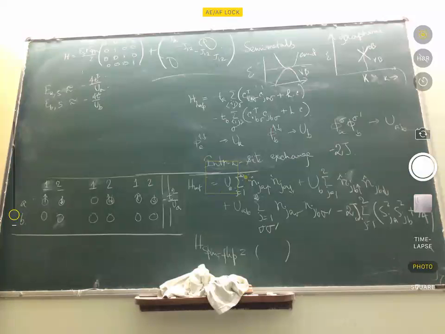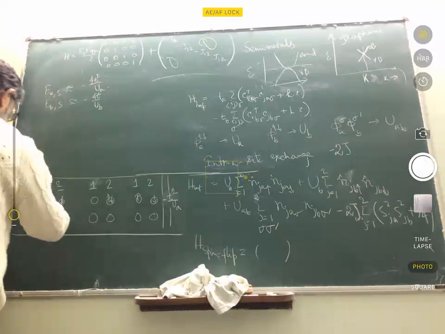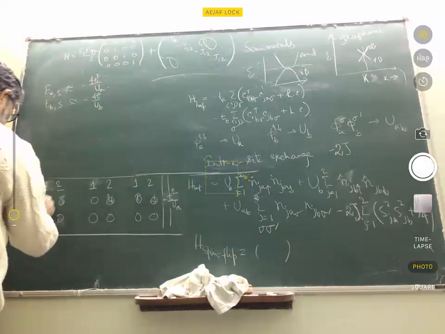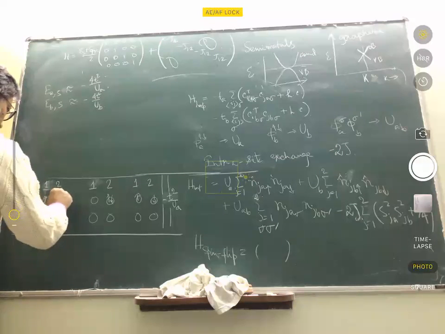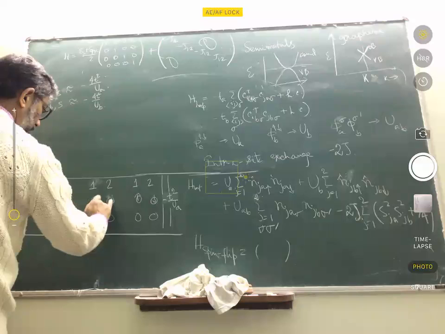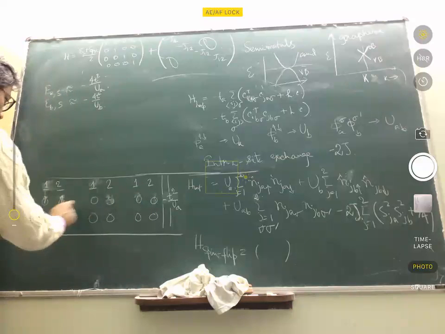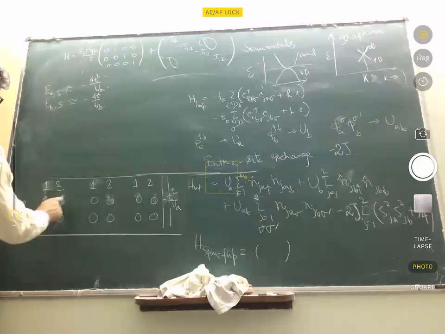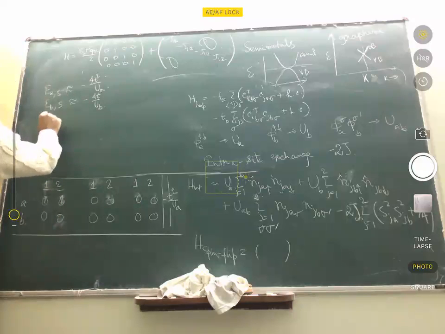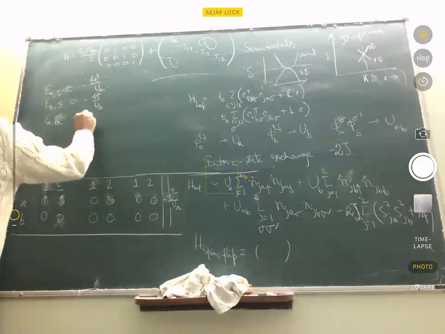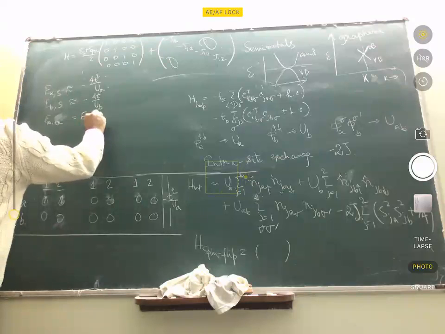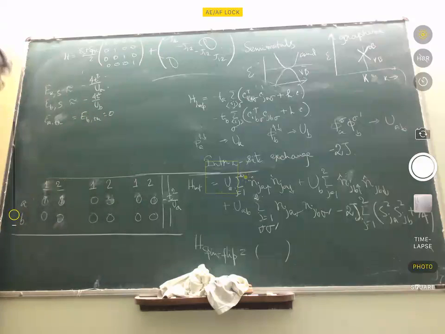If I have an A triplet, which I draw like this, then the hopping is strictly prohibited because this cannot come here because of the Pauli exclusion principle. So if I write that as A triplet, that is equal to the energy of B triplet, and that should be 0.